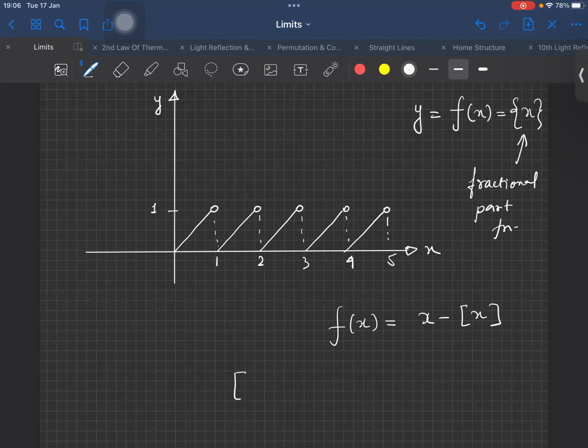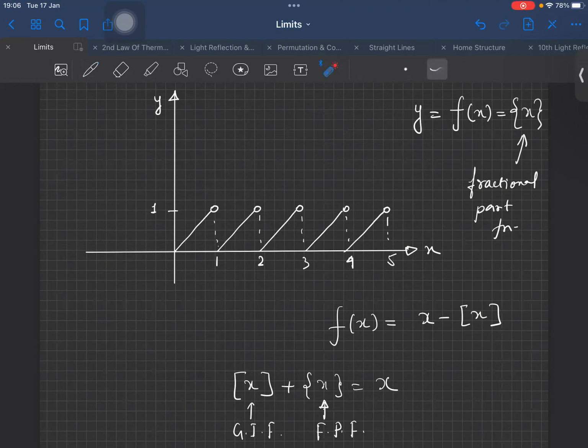If you add the fractional part and the integer part, you get x. So this is your fractional part function, and this is your greatest integer function. If you add these two, you will get the value of x.